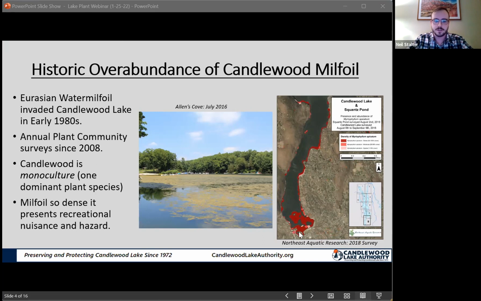Here in this map, you can see the Danbury arm of the lake. All of the red is milfoil beds, and the darker the red, the denser it is. So this is 2018, obviously not this year, but I just wanted to illustrate one of the maps that comes from those surveys and the high density plant coverage we've had in the past.